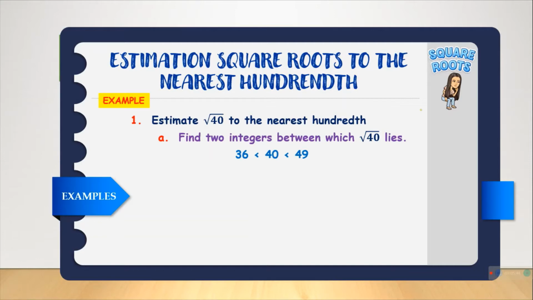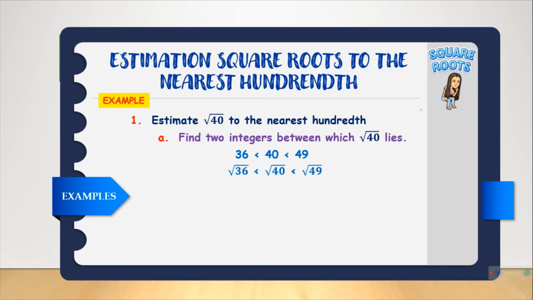Where do 36 and 49 come from? When we multiply 6 by itself, 6 times 6 is 36. And when we multiply 7 by itself, 7 times 7 is equal to 49. There is no 40, so 40 is between 36 and 49.